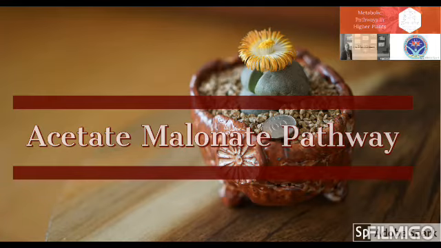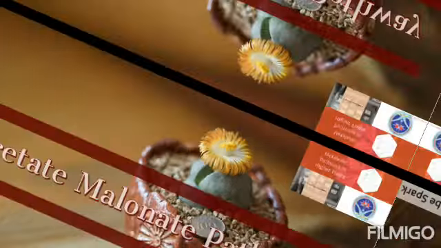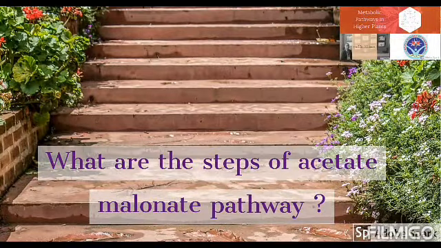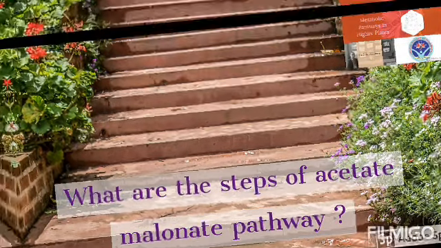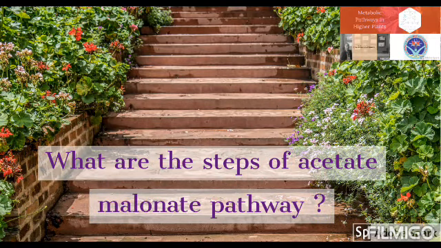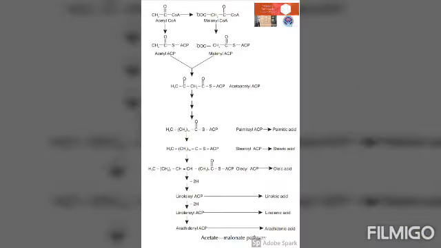In this pathway, acyl carrier protein, ACP, plays an important role. Firstly, acetyl coenzyme A is carboxylated to malonyl coenzyme A by the enzyme called acetyl coenzyme A carboxylase.